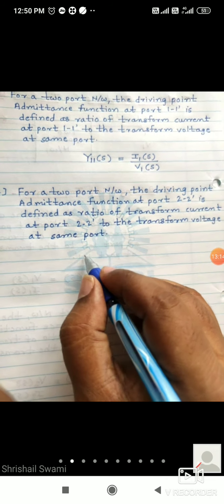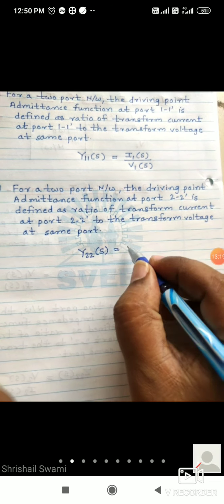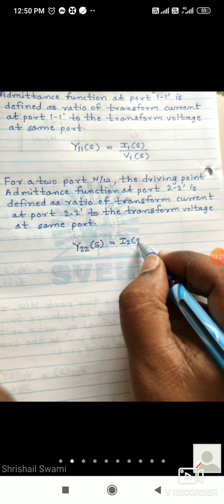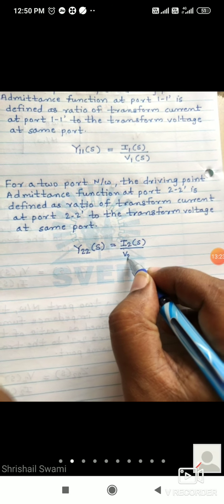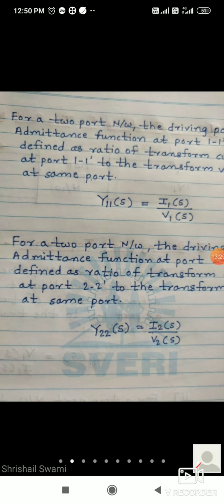So definition and equation will be now Y22 of S is equal to I2 of S divided by V2 of S. Okay, so driving point impedance and admittance over.